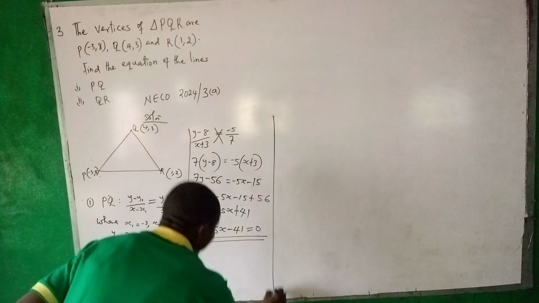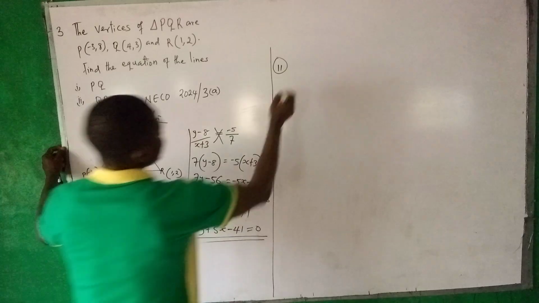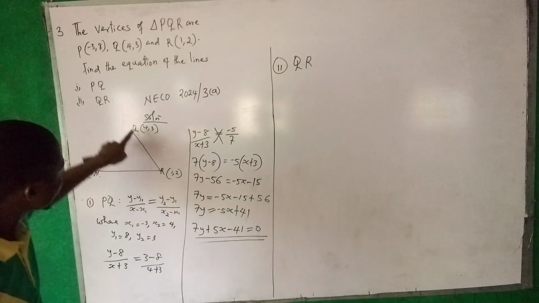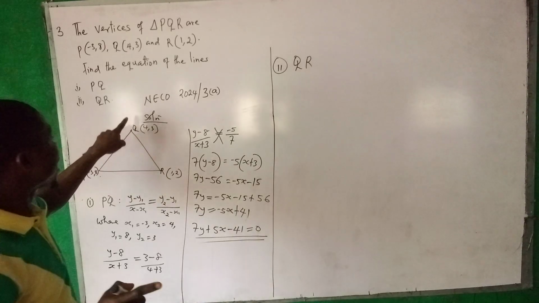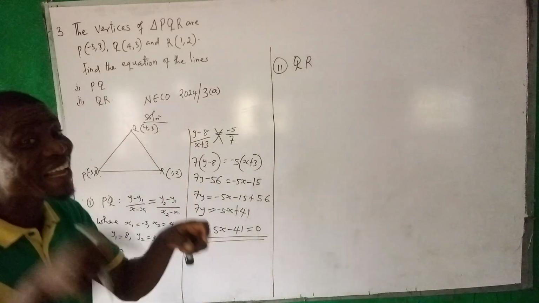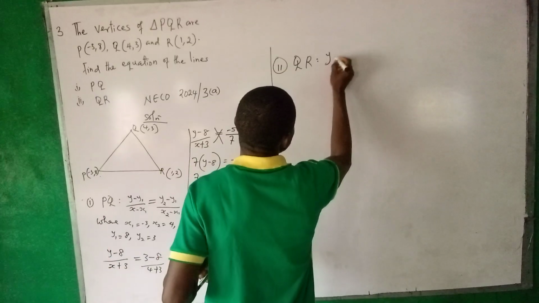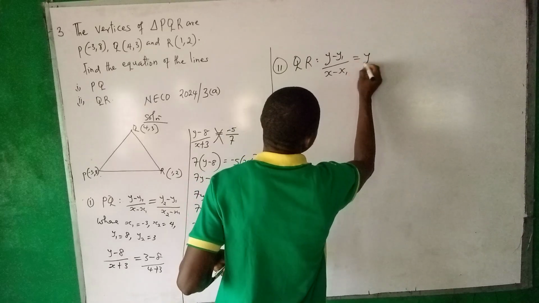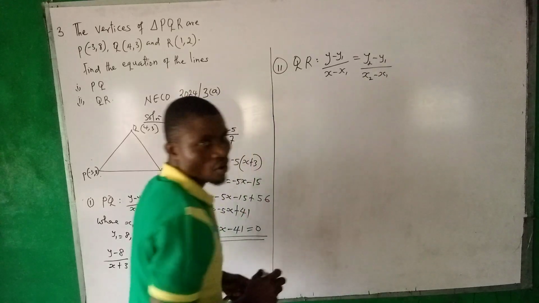Now let's solve for QR. So Q comes first. You have to take note of this, because when I'm saying Q comes first, you know that the coordinate of Q is (x1, y1). The formula remains (y - y1)/(x - x1) = (y2 - y1)/(x2 - x1).